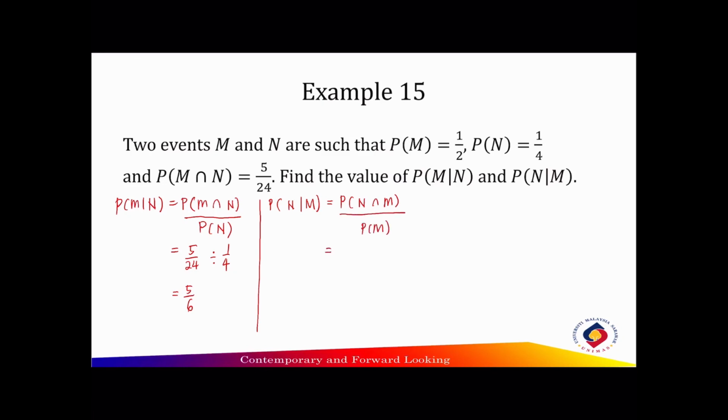So that is 5 over 24, then divided by 1 over 2, and we will have 5 over 12.